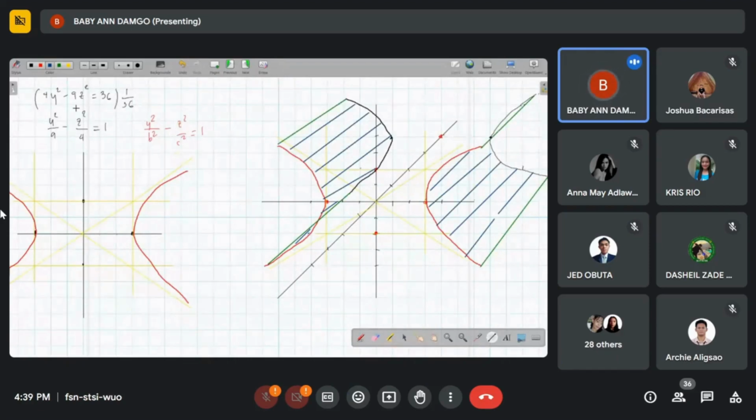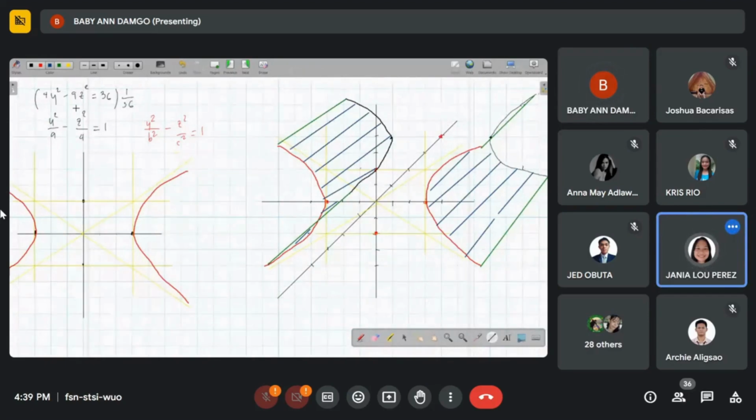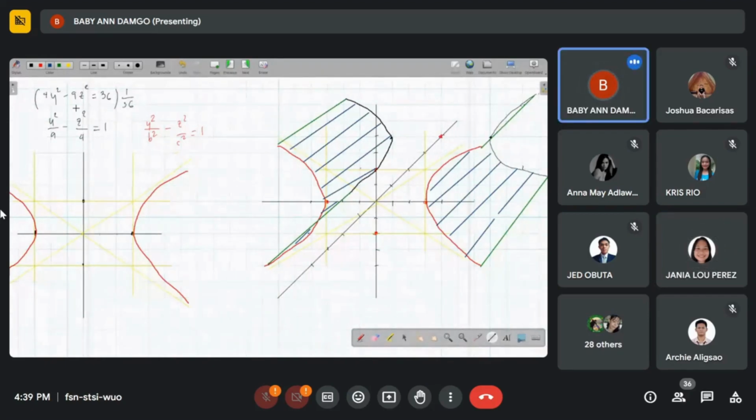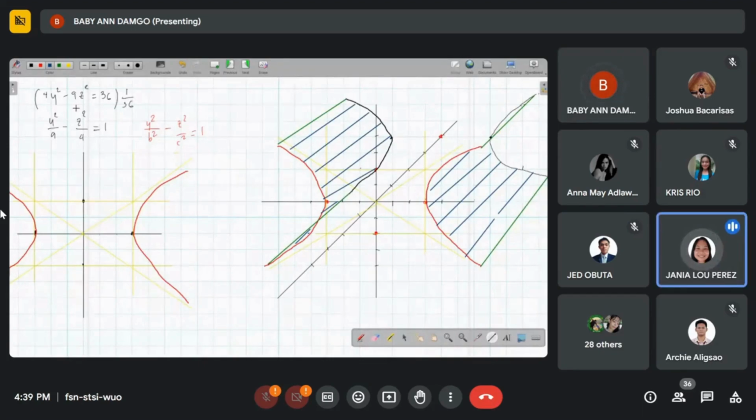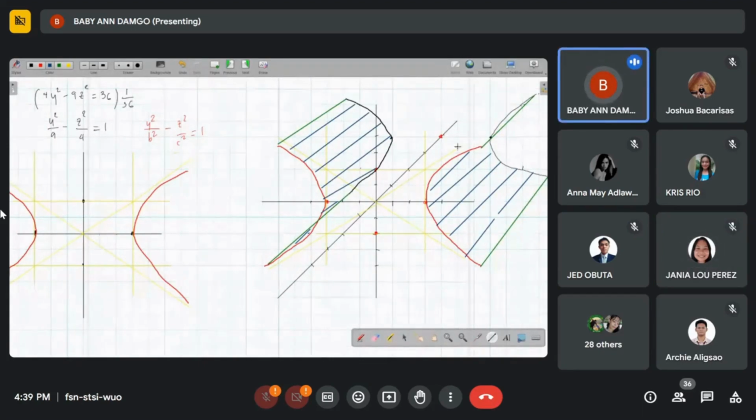Pass? Giunsa na pagkuha sa x coordinate? Di ba nahimo ni kaning y squared over 9 minus z squared.